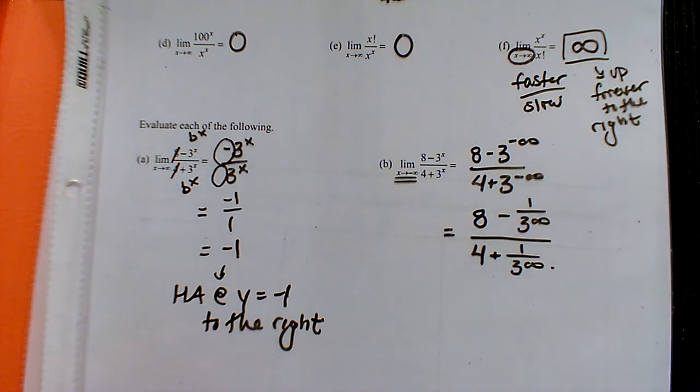We cannot simply ignore the 8 and the 4 in this case because we're dealing with a negative infinity. It might affect the equation somehow, and it's actually going to for this one.